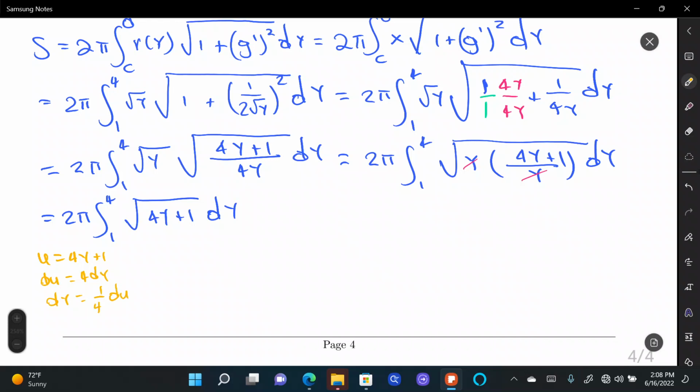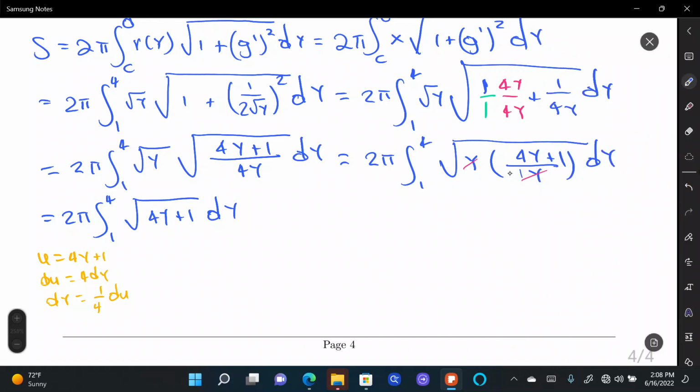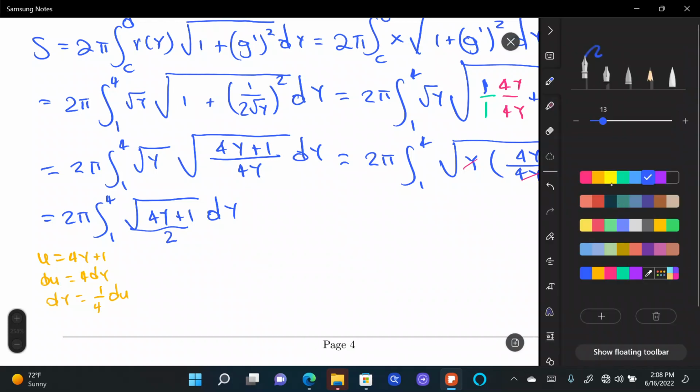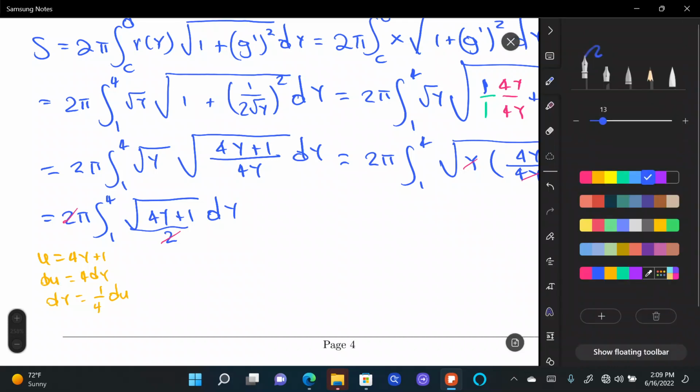Yes? Wouldn't it be y plus 1 over 4? Plus 1 over 4. Oh, yes. This one right here, I think I missed that part. Yes, thank you. So there's a 4 over here and a 2 over here. Alright, that cancels. Here as well. Yep.